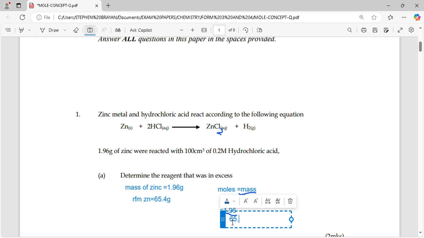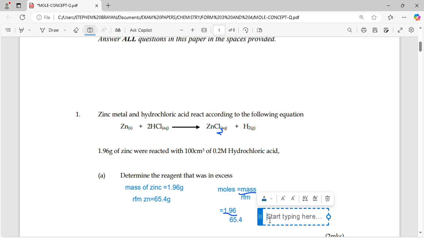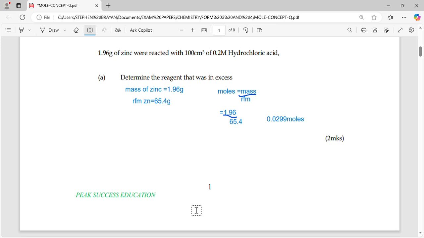If you work this out very well, your moles for that question is supposed to be 0.0299 moles. Now those are the moles of the zinc.